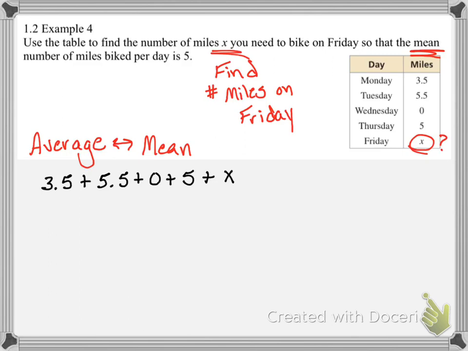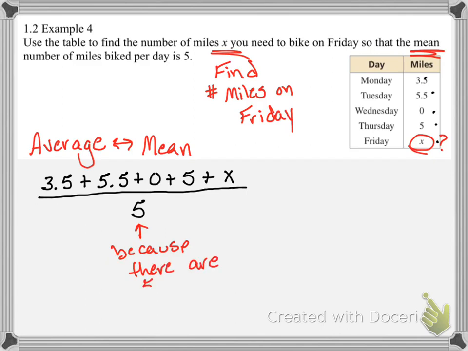X. And divide by how many there are. So I'm actually going to show that division. Divide that whole thing by what? 5, because there are 5 days.